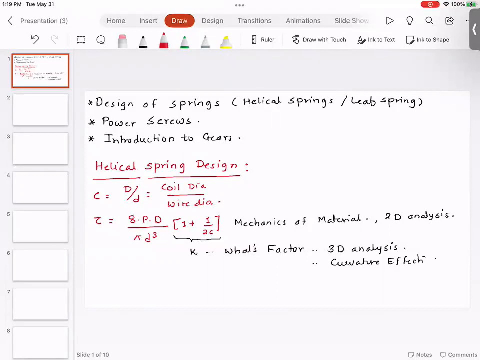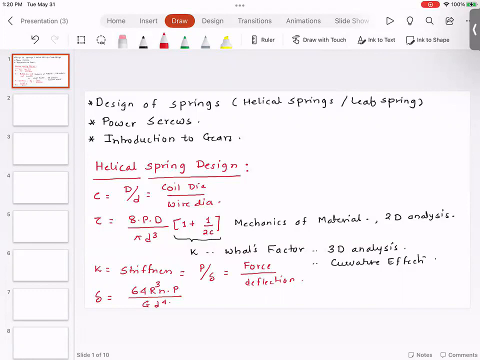The next equation is K, which is the stiffness. K is P divided by delta, force divided by deflection. And the last equation is the equation for delta, which is 64 R cubed N P divided by G d raised to 4.